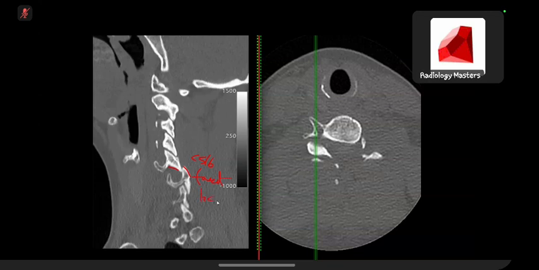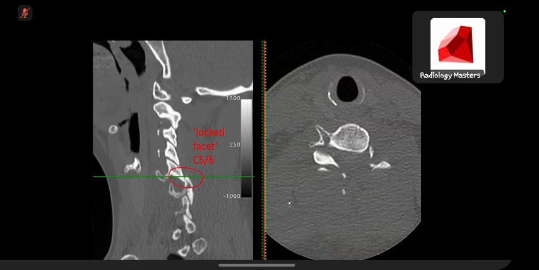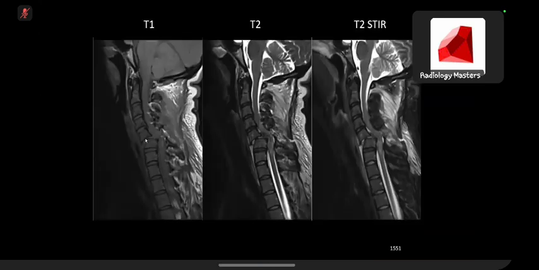Sorry, my writing's not great with the mouse. And that's on the right hand side. Okay, and we've got perching on the other side. Now when you do the MRI scan, there's disruption of the posterior and anterior longitudinal ligaments, and you've got disruption and expansion of the cord with edema.